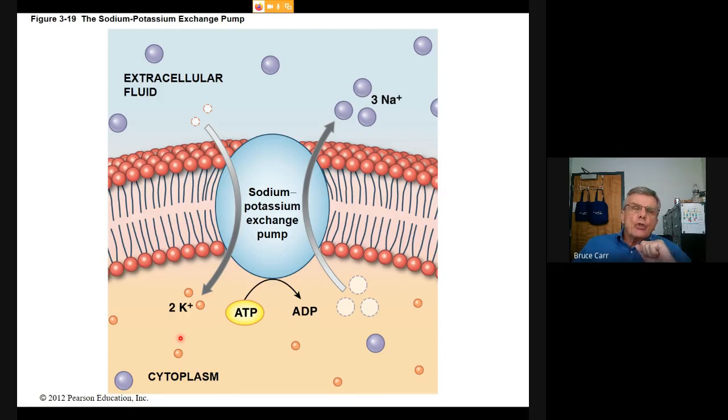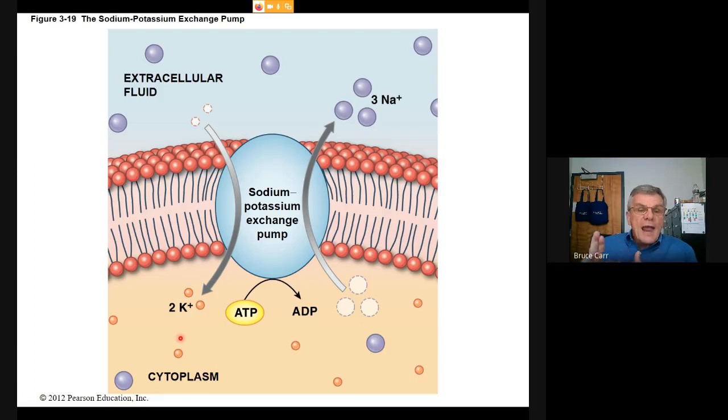At rest, a third of the ATP that's being burned in your body is being used only to run this sodium-potassium pump on a constant basis in all your cells. 33% of the energy you're burning at rest is just to run this active transport mechanism that we call the sodium-potassium pump.